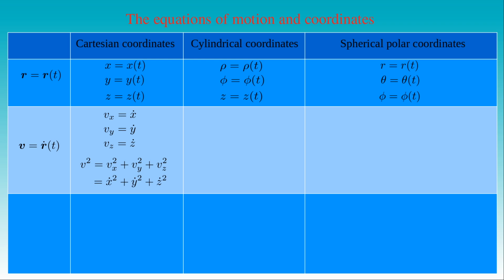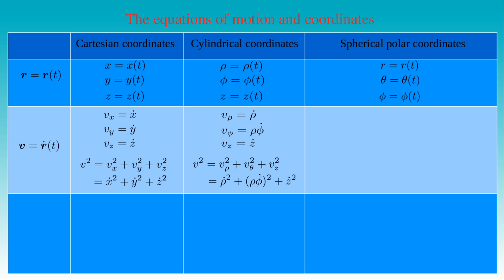In cylindrical coordinates, the rho component of the velocity is the derivative of the coordinate function ρ. Its phi component is equal to ρ times the derivative of the azimuthal angle phi. And its z component is simply the derivative of the coordinate z. The square of the length of the velocity is the sum of the square of these components, and it contains squares and quadratic terms of the derivatives of the coordinate functions.